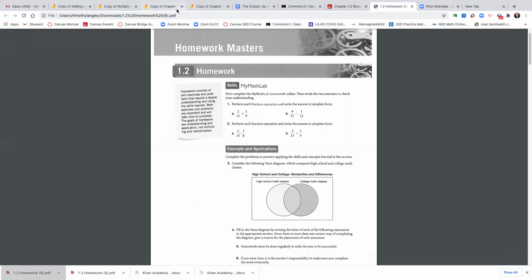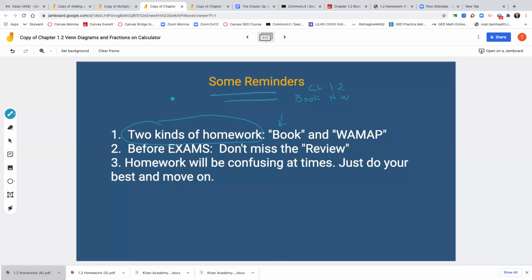Now, if I can go back to... I'm right here. All right. So that's the book homework. WAMAP homework is the online stuff where you go to wamap.org and then you do the odd problems. So if I opened up a lesson in WAMAP and if it was lesson 1.2 in WAMAP, okay, and I opened up an actual lesson, I'm in the problems, there's like a blue lesson, you click on that blue lesson, then it actually opens up to problems, okay?